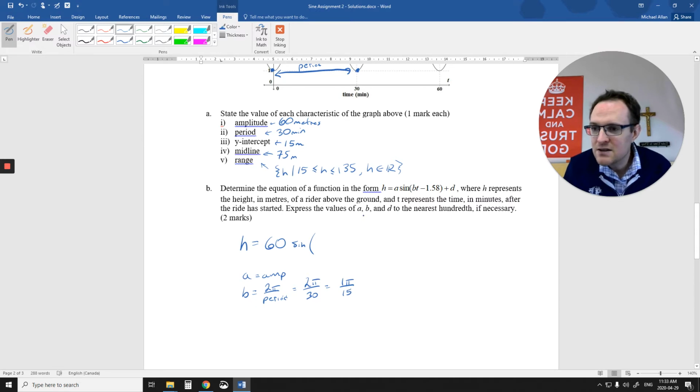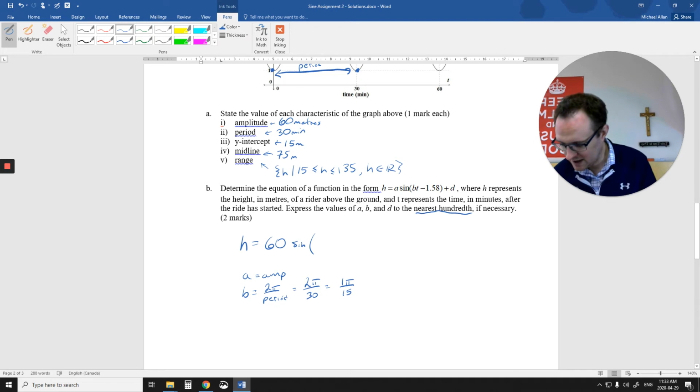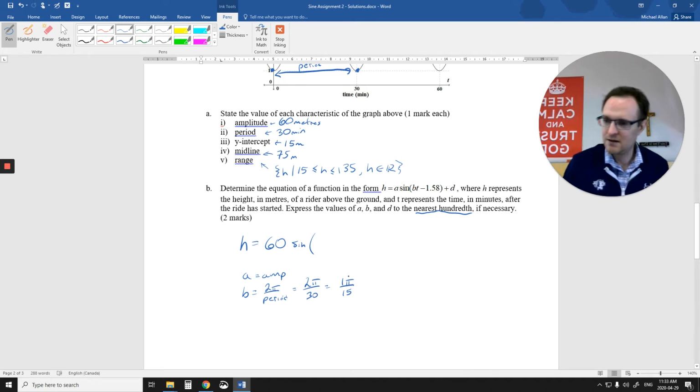It says to round to the nearest hundredth if necessary, so I'm actually going to type it in: 1 times pi divided by 15. Hundredth is 2 decimal places. So my B value here is 0.21, because the 209 is going to round up. So my B value is 0.21t. I'll use the letter t for that one rather than x.